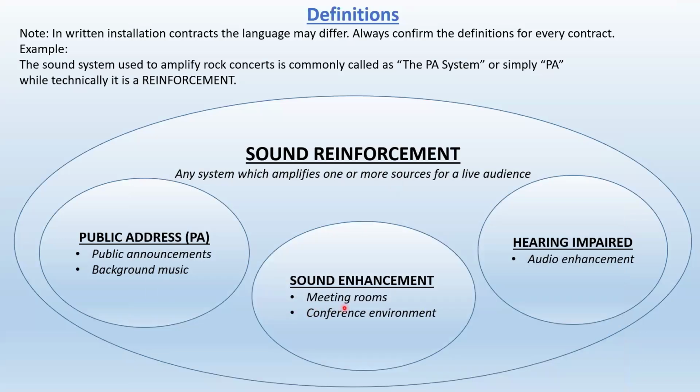Okay, so here's meeting rooms and conferencing environment. Hearing impaired audio enhancement is for people with challenges, maybe they're hard of hearing. Usually there will be the older audience, and this is an extremely popular system in the church systems.